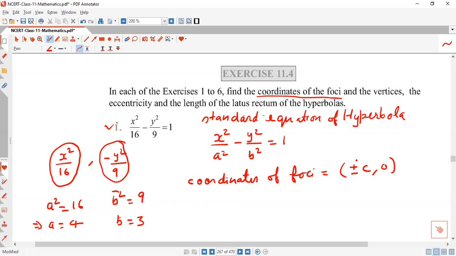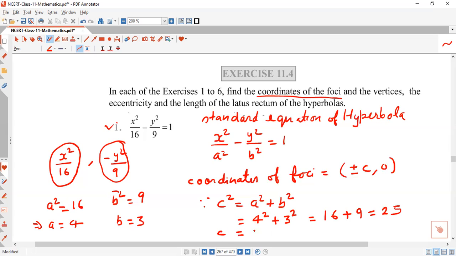So now we have to find the value of c. Since we know c square equals a square plus b square. A is 4, so 4 square; b is 3, so 3 square. 4 square means 16, 3 square means 9. So c square comes out to 16 plus 9, that is 25. So c square is 25, which means c equals 5.